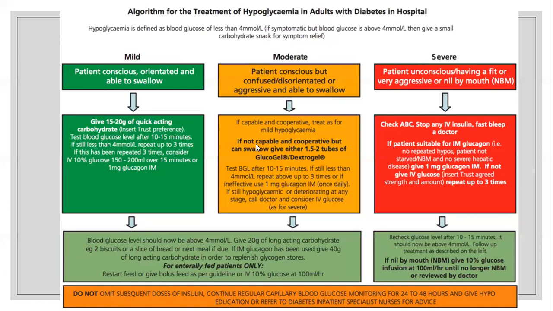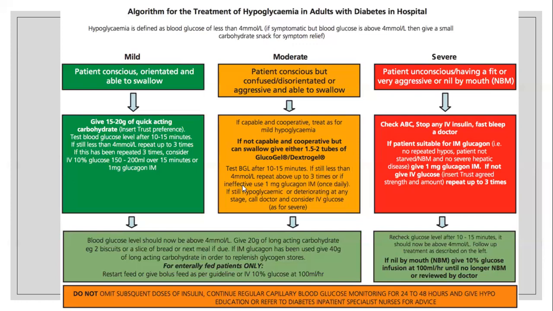If not capable and cooperative but can swallow, give either 1.5 to 2 tubes of GlucoGel or Dextrogel. Also check the blood sugar after 10 to 15 minutes.